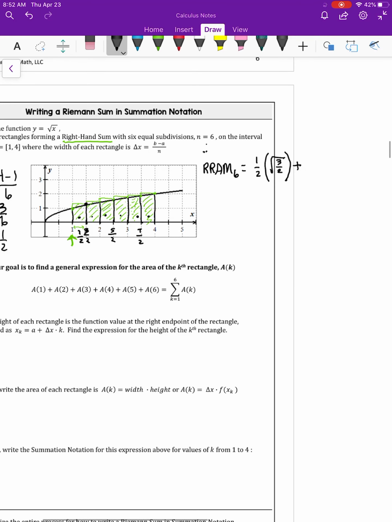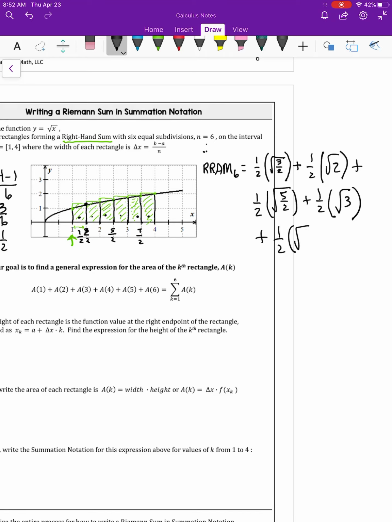So for the first rectangle, I have 1/2 times the square root of 3/2, because that's what my right hand is, because this is at 1.5, which is 3/2, right? This one is at 3/2, that one is at 5/2, that one is at 7/2, okay? And so that's the area of my first rectangle. Plus my second rectangle, it's also a half wide, and it's at 2, so square root of 2, because that's what my function is.